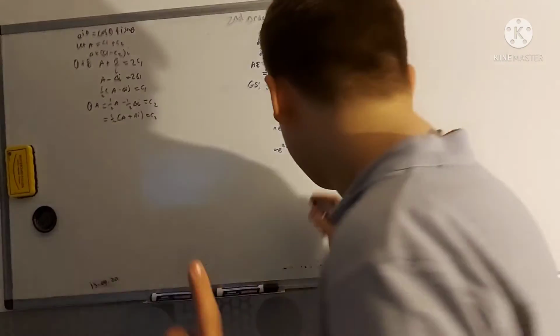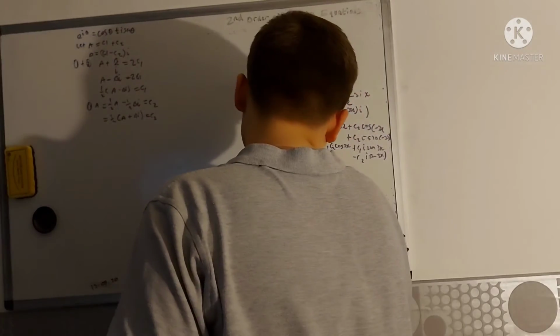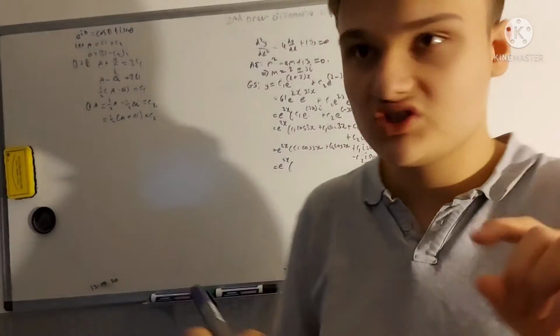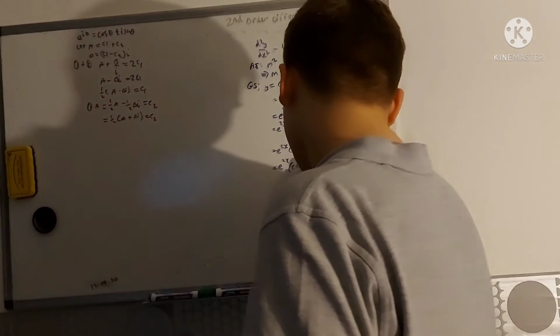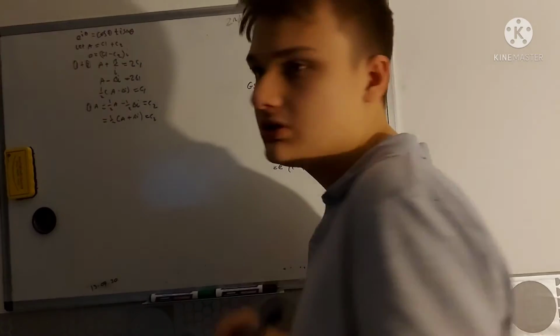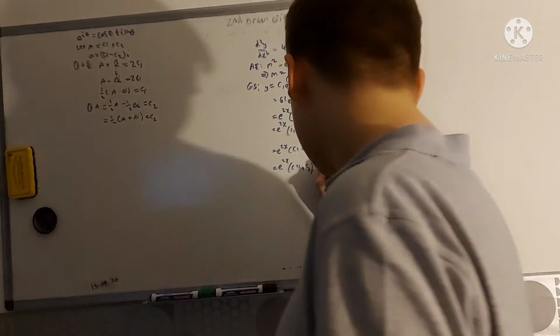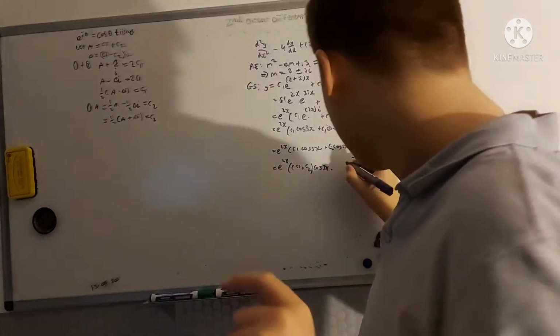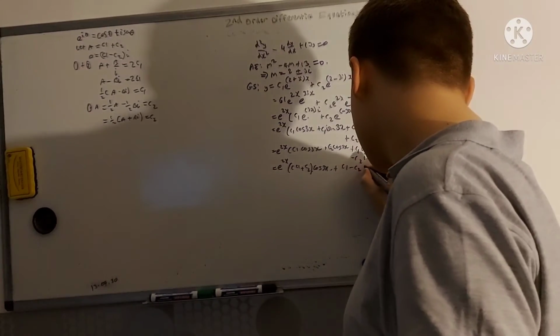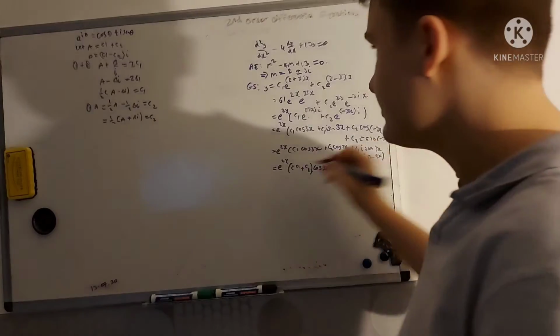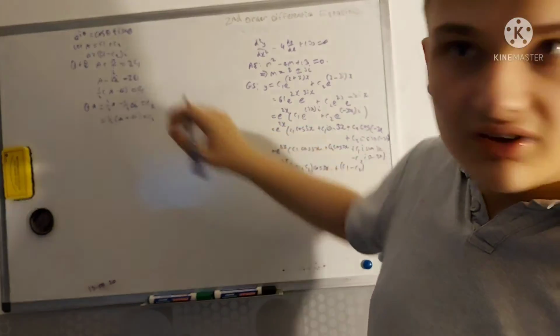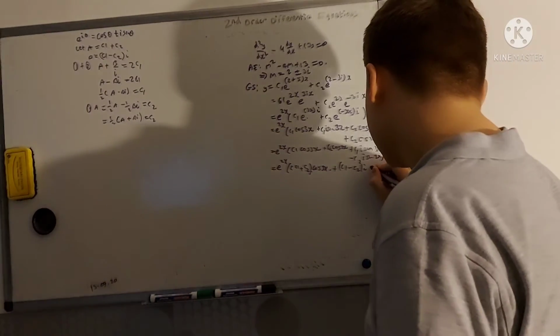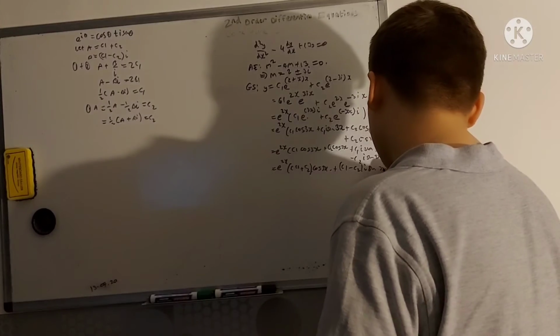That's not the end of the story, because then I can factor out these c1s and c2s. So I'm going to get c1 plus c2 times cosine of 3x. And then to finish this off, I'm going to add c1 minus c2, which was these bits that we found over here, of i sine of 3x.